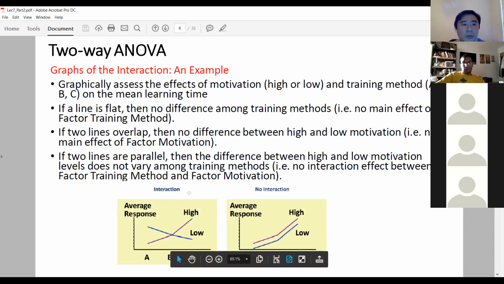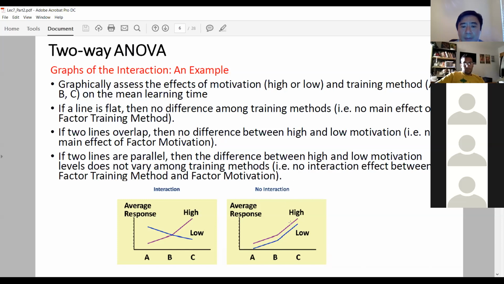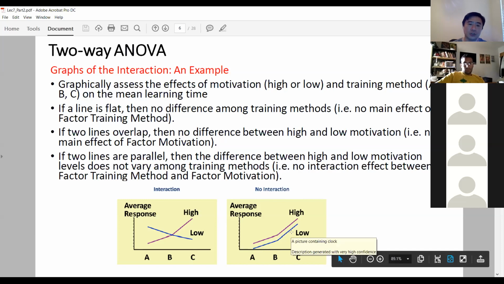The graphical interpretation of the interaction term is this: if the lines are approximately parallel between the 2 groups for the relationship between the response variable and the other factor, you will see there's no interaction. This is graphical judgment, so it is not accurate or statistically based, but you can approximately judge the interaction in this way.